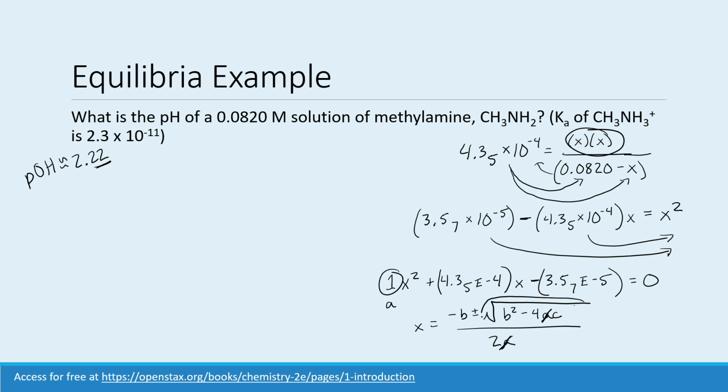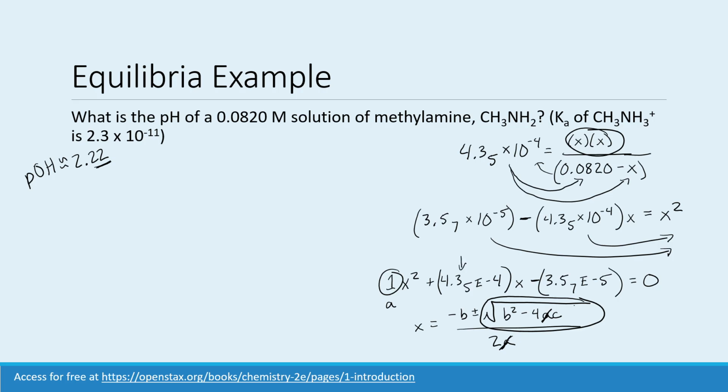And now we can plug things in. What I like to do is figure out the square root expression first, and then decide if it's greater than or less than the value of b.